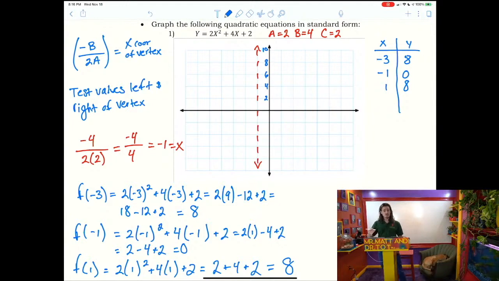So now I have these 3 points, including the vertex, so I can just sketch in this U shape, which I know this is because it is a quadratic. By the nature of it being a quadratic, I know that it's a U-shaped graph.